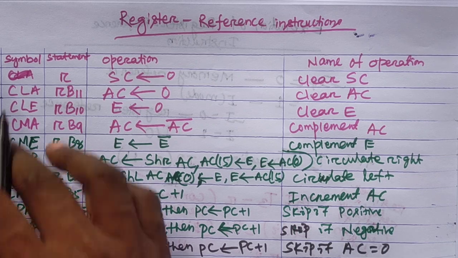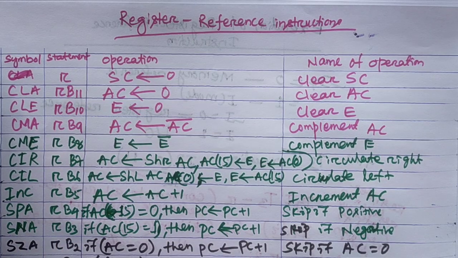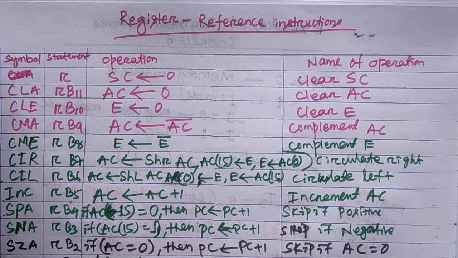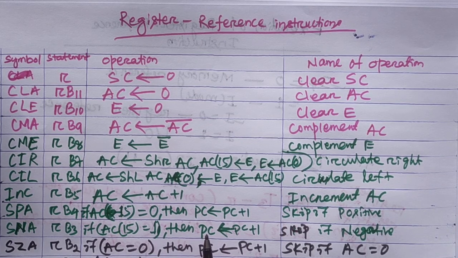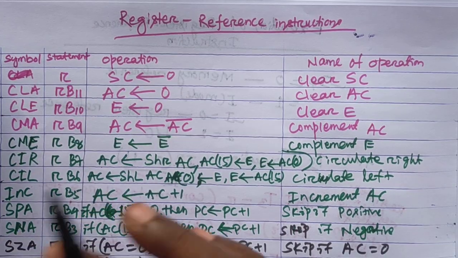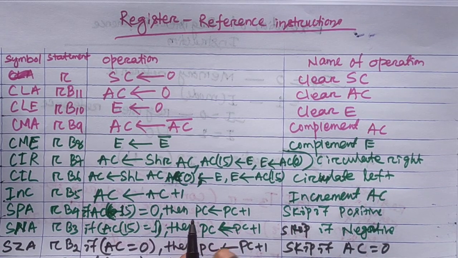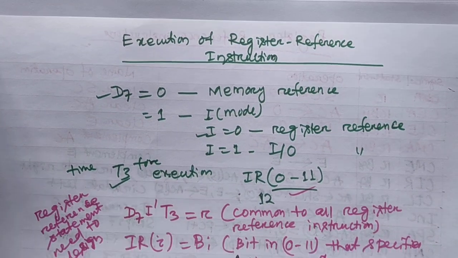One part is the symbol, another part is the statement, another is the operation, and another is the name of that operation. In this way we can define register reference instructions. But the most important part is the register reference statement itself, which is defined in this way.